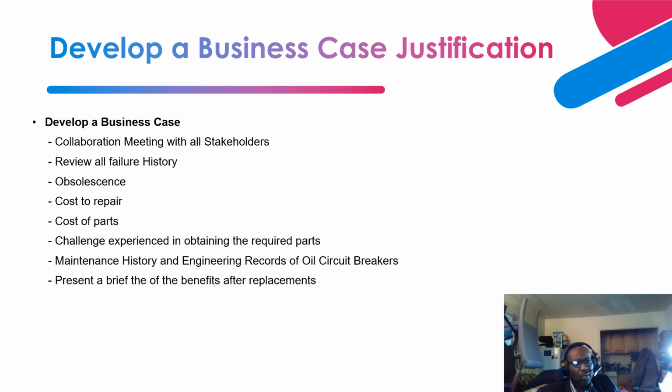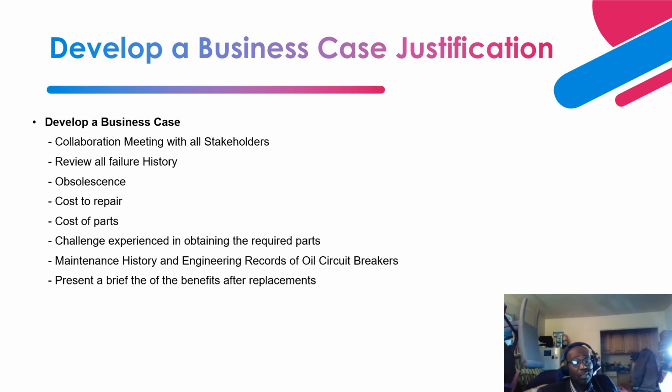Next is reviewing all your failure history. If you have an asset management software or program, you have all your maintenance history, so you should also have a failure history, and you should be able to get all that information and present it to your stakeholders.